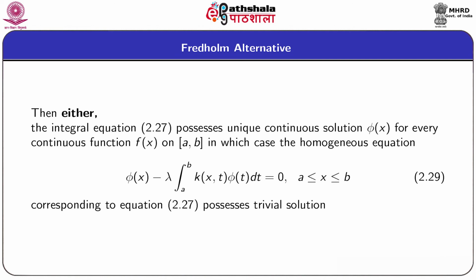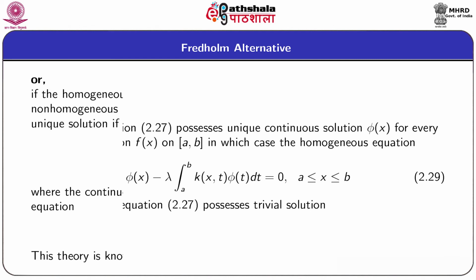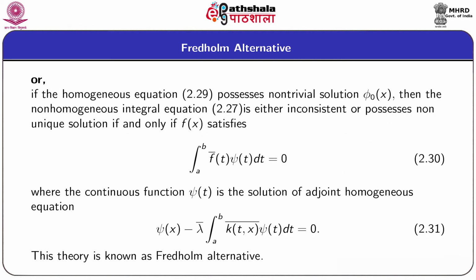Then either the integral equation 2.27 possesses unique solution phi x for every continuous function f x on the closed interval a b, in which case the homogeneous integral equation given by 2.29 corresponding to equation 2.27 possesses trivial solution, or if the homogeneous equation 2.29 possesses non-trivial solution phi naught x, then the non-homogeneous integral equation 2.27 is either inconsistent or possesses non-unique solution.